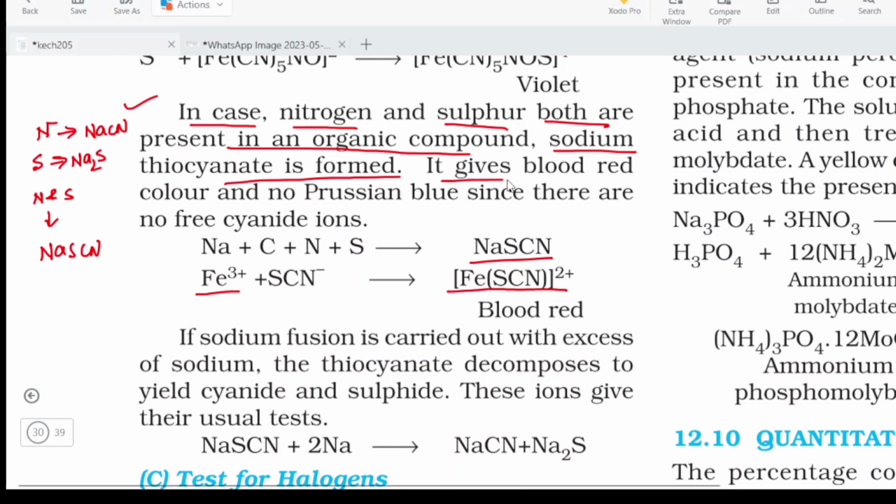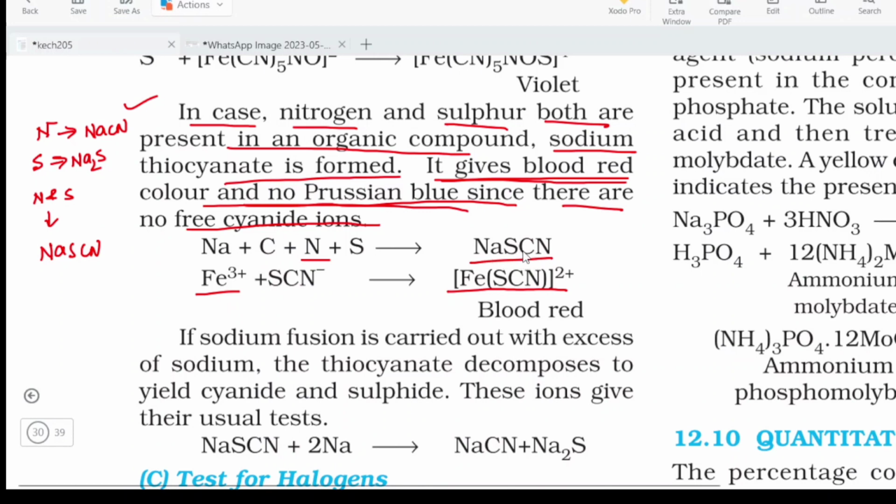So you can see it gives a blood red color and no Prussian blue. We know that if only nitrogen is present, it will form NaCN. This NaCN will react with Fe2+ ion, then further with Fe3+ ion, and it gives the Prussian blue color. Here it is written that if sulfur is also present, then it gives a blood red color, no Prussian blue color, since there are no free cyanide ions. So if sulfur is present, the CN- ions are not free, and NaSCN is formed.